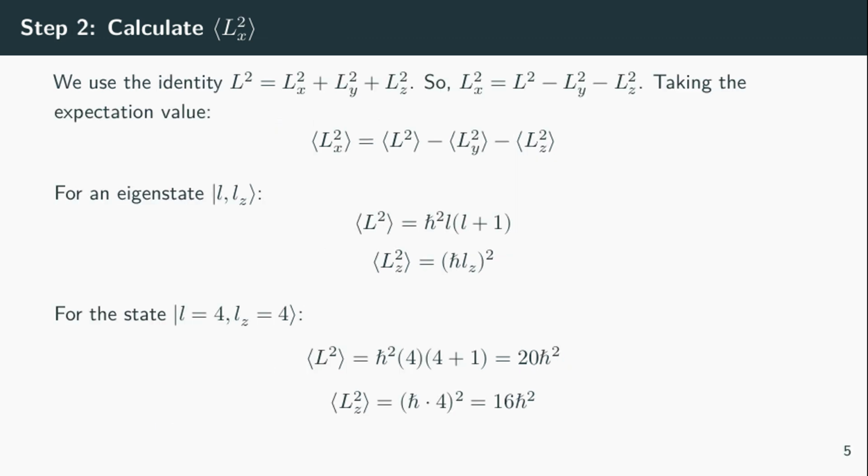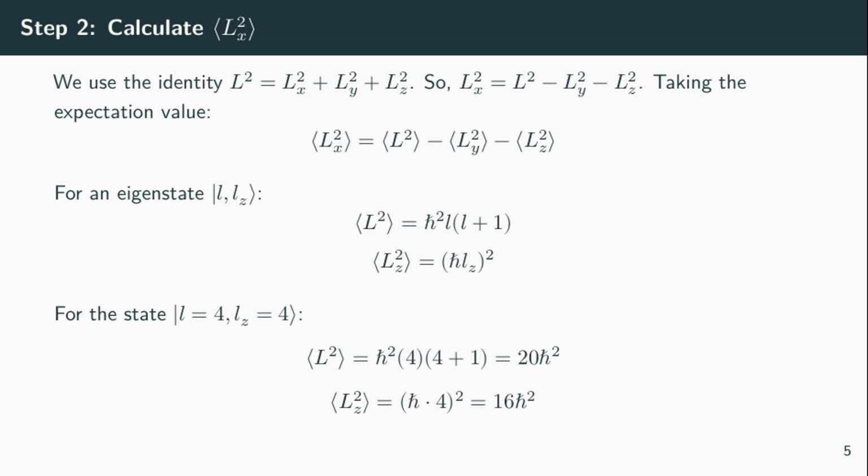Okay, step 2, let's calculate the expectation value of Lx squared. We use the identity relating the total angular momentum squared operator to its components. This allows us to express Lx squared in terms of L squared, Ly squared and Lz squared. Taking the expectation value, we get the expectation value of Lx squared equals the expectation value of L squared minus the expectation values of Ly squared and Lz squared.